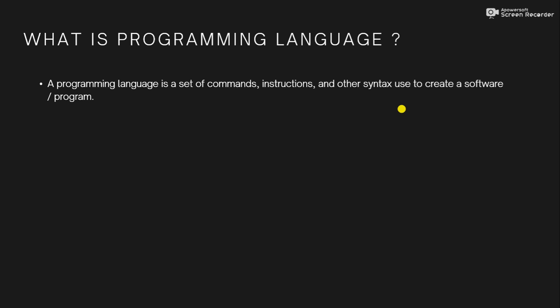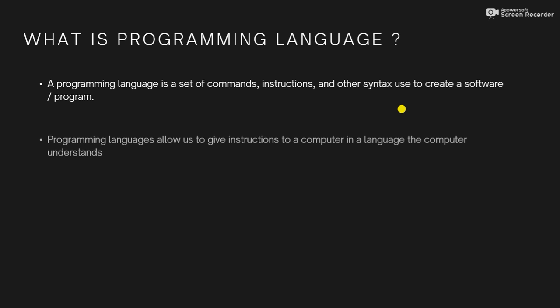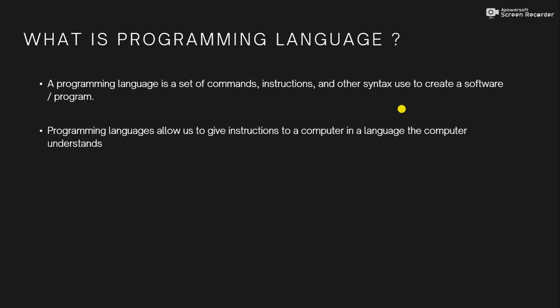To write any software or program, we need to use programming languages. In simple words, we can define a programming language as a language which allows us to give instructions to a computer in a language that the computer can understand.